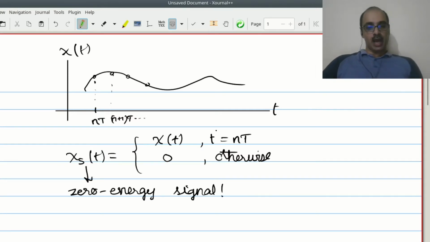Of course, you may argue that it has all the information about x_s and x of t, but since you are essentially storing non-zero values for x of t at just a countable number of locations, it becomes a zero energy signal and complicates the analysis, in particular using the Fourier transform for further processing. The details of this are beyond the scope of this class, but you can look at some material on real analysis to understand why this kind of function construction is not preferred.